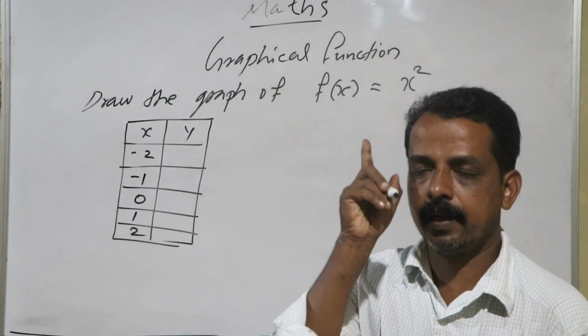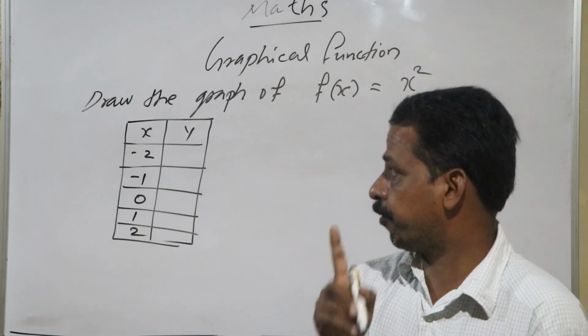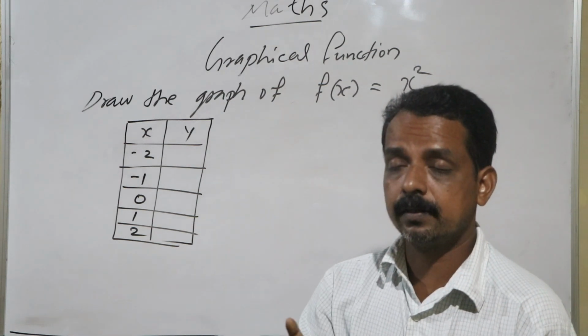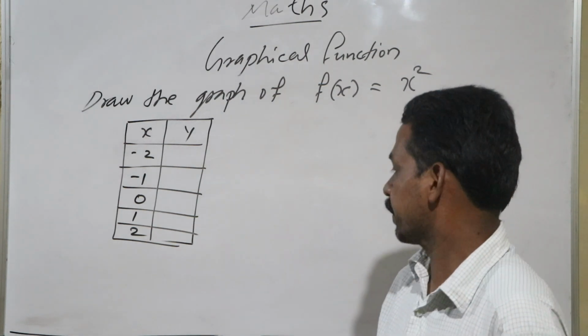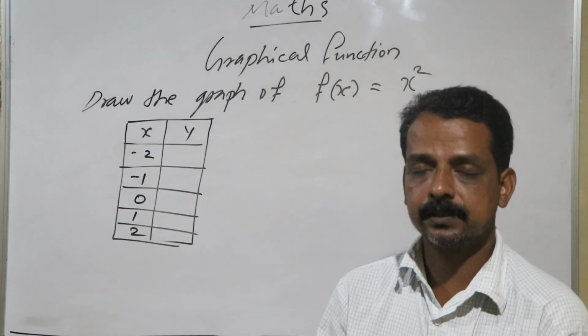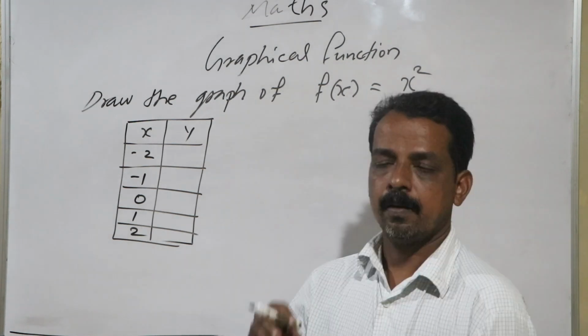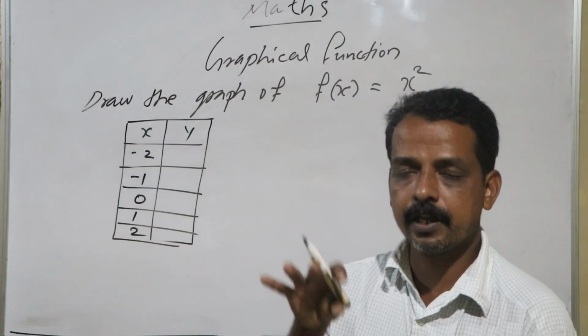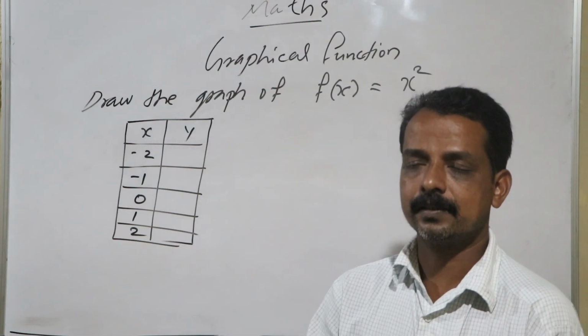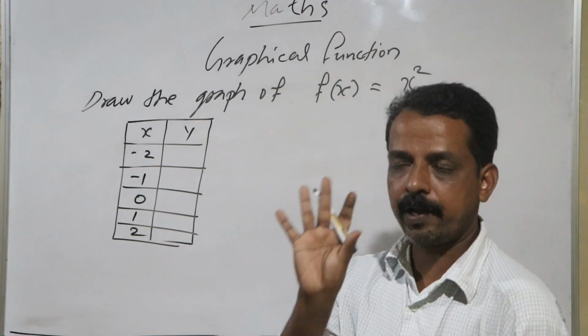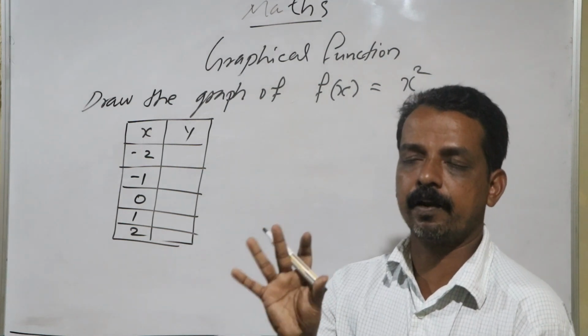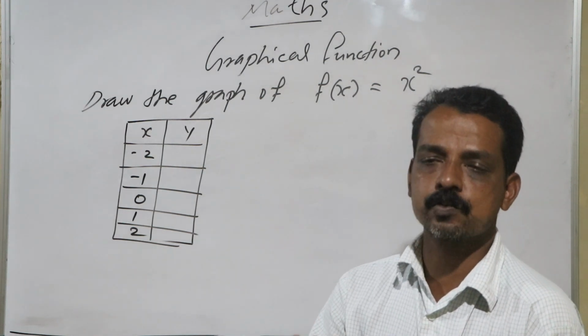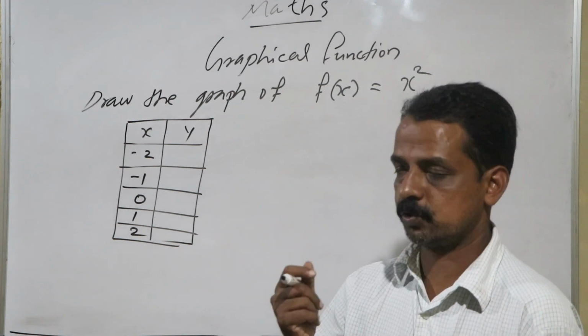Drawing a graph from a function f of x, we must pick out 5 x elements: positive integers, negative integers, and the 0 between them. The 5 elements are -2, -1, 0, 1, 2.